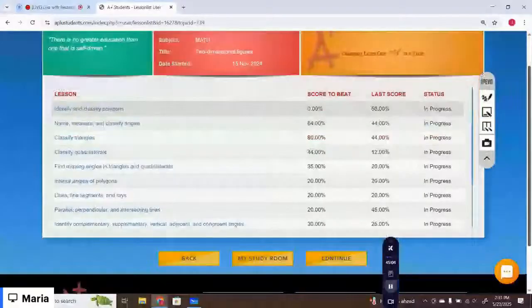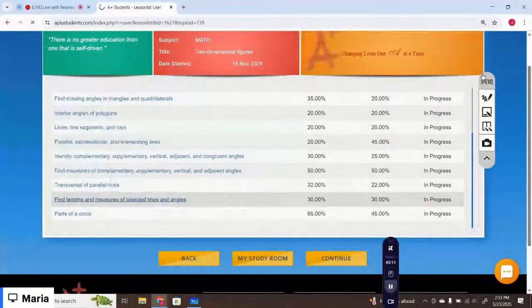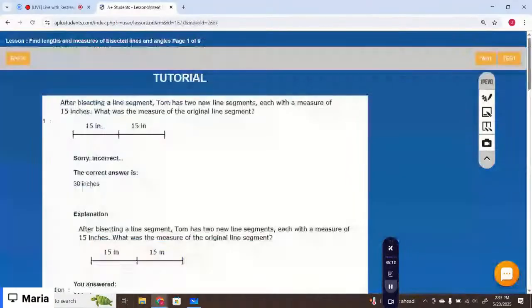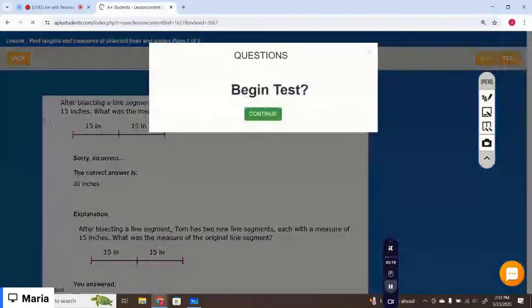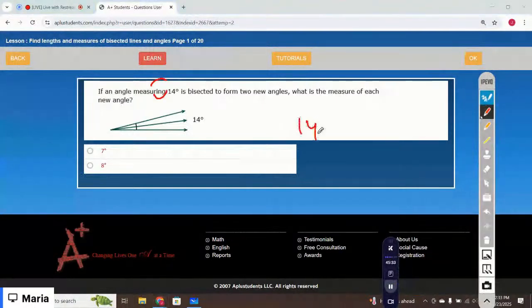The next lesson is find lengths and measures of bisected lines and angles. Let's start with the test question. If an angle measuring 14 degrees is bisected to form two new angles, what is the measure of each new angle? The sum of the angles is 14 degrees.